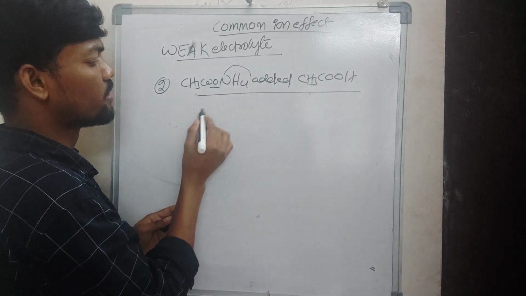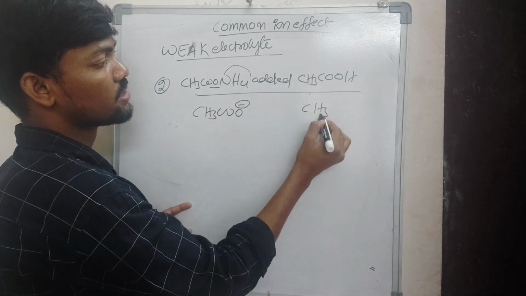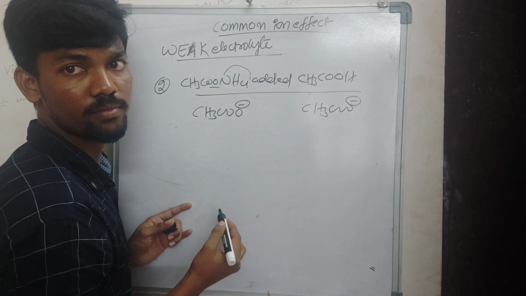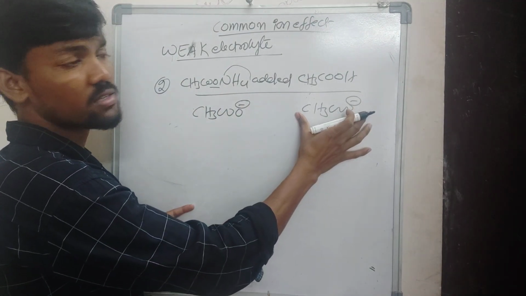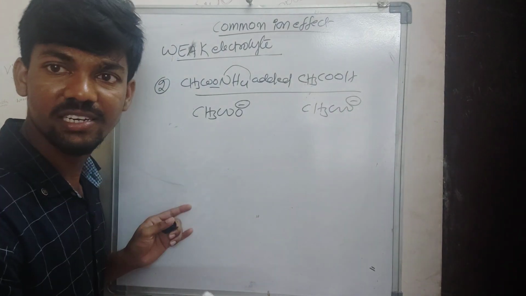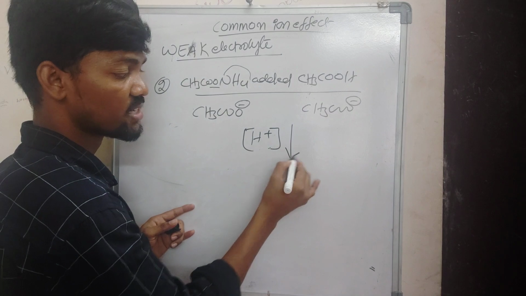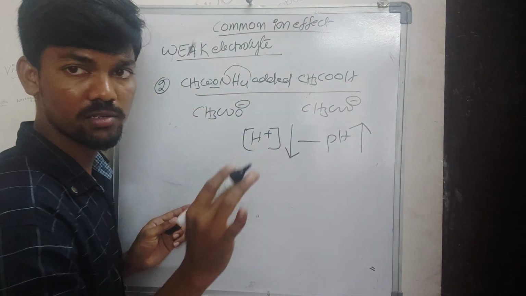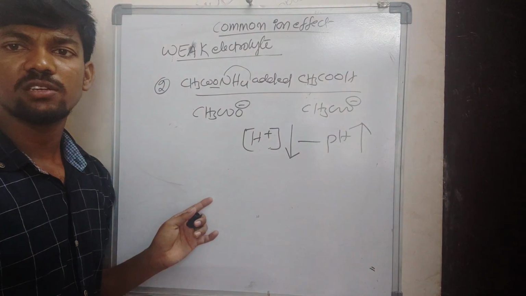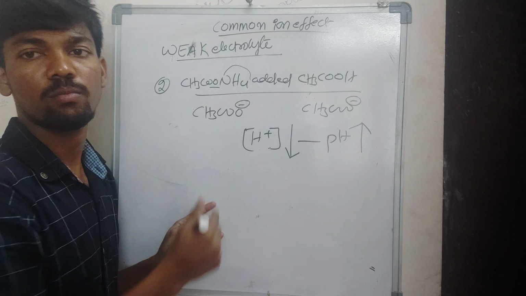CH3COO minus is the common ion, and it is added here. So this concentration will increase, and the H plus concentration will decrease. What happens here? The H plus concentration decreases. It means what? pH will increase. Understand? pH will increase. That is the main point here.